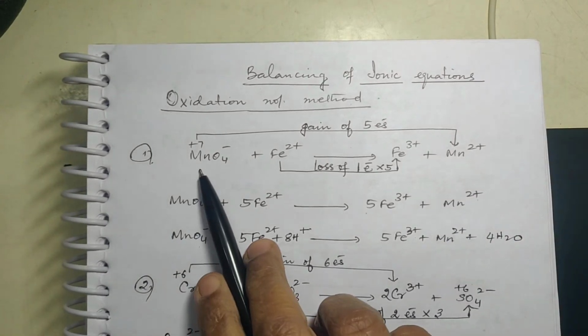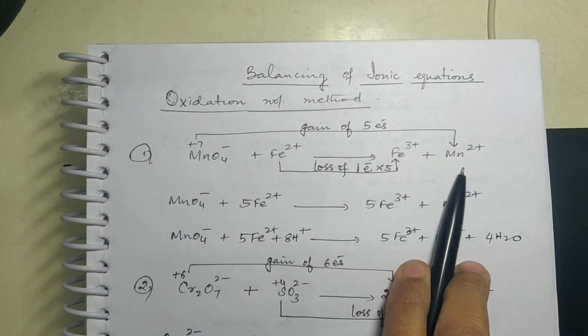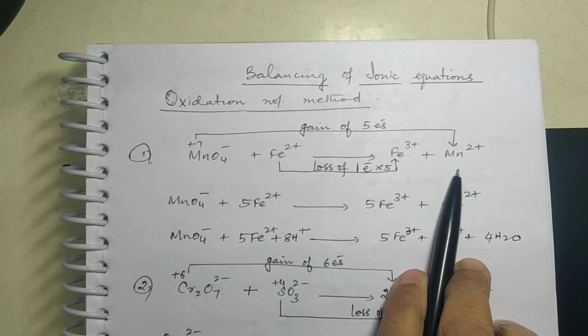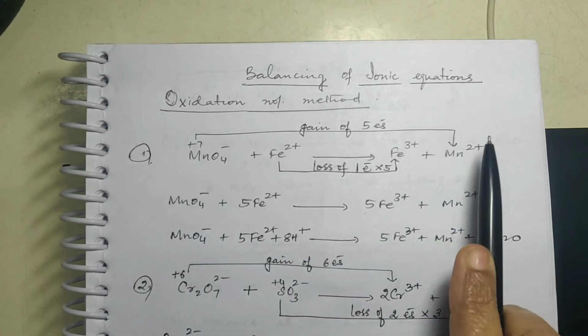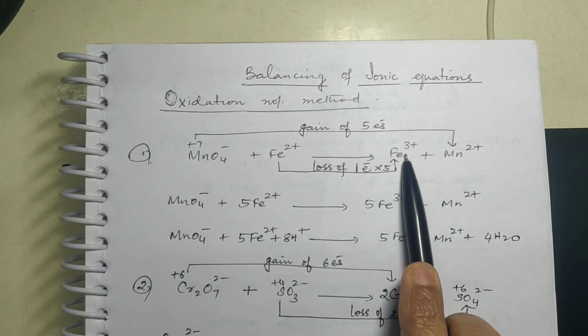Now say for example, MnO4 minus plus Fe2 plus gives you Fe3 plus plus Mn2 plus. Okay. Now in this itself you can show which is undergoing reduction and which is undergoing oxidation by means of electrons. Now plus 7 is getting reduced to plus 2 and plus 2 is getting oxidized to plus 3.